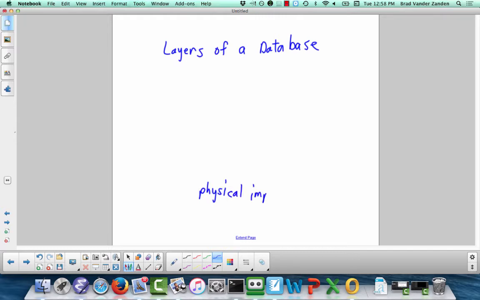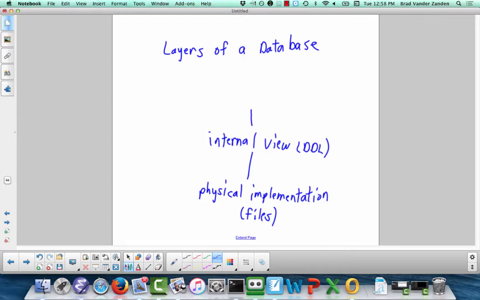So you start with your physical implementation. Okay, that's where you have the files. So that's the first layer. Then above that, you have your internal view, and that is what is expressed by the DDL. Then you have your conceptual view, and that's the data model.